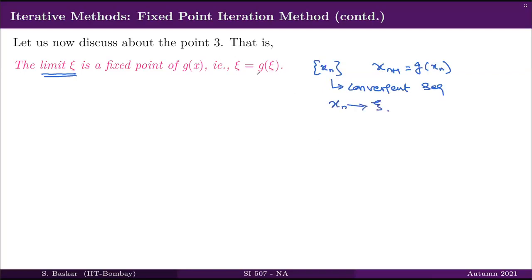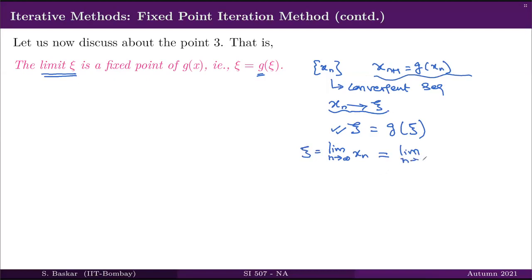Now we have to put an assumption on g such that xi is equal to g of xi. Now the question is, what is that assumption that I have to put on g so that this condition holds, provided my sequence xn is convergent? You can clearly see that limit n tends to infinity xn is your xi, right? And now using this, I can write this as limit n tends to infinity g of xn minus 1.